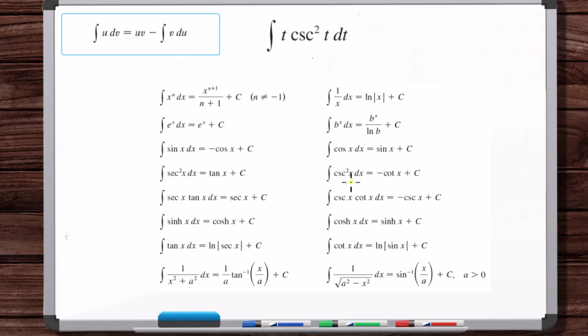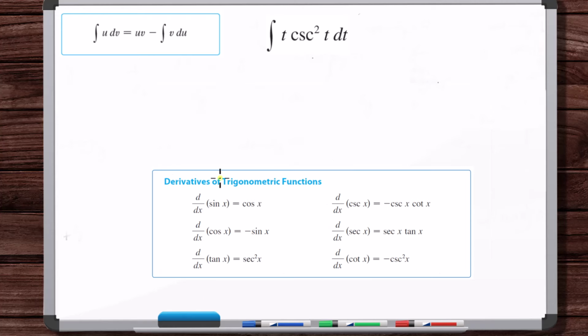And so instead of referencing the table of integrals, what we could have done is take a look at the derivative rules for trig functions, and we would have seen that we've got this cosecant squared here. What would be the derivative of cosecant squared?